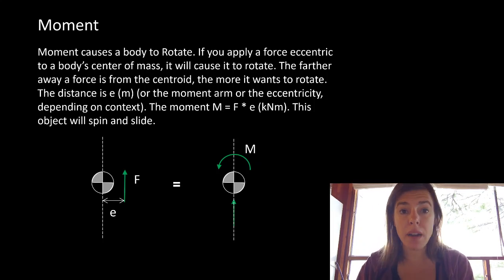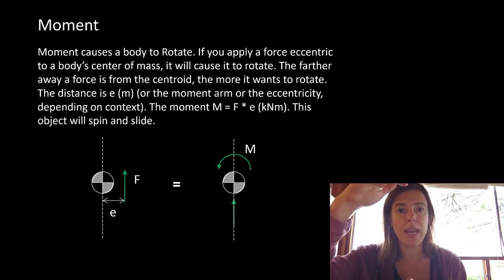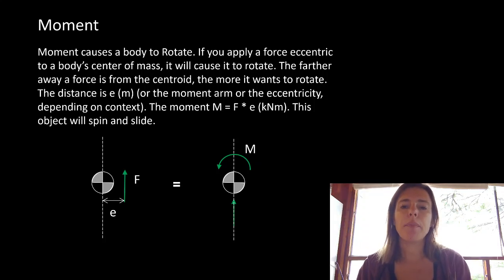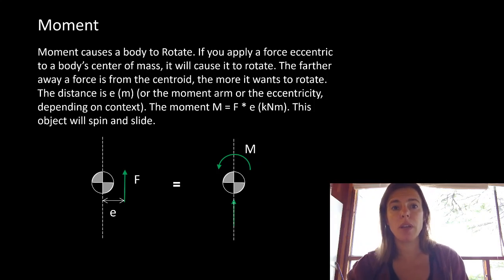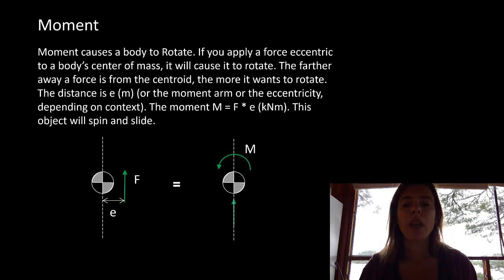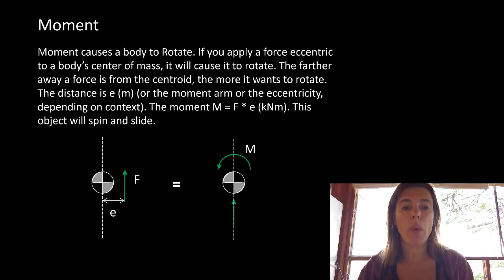So moment is another type of force, and it's what causes a body to rotate or spin. If you apply a force or a vector or a load eccentric from a body's center of mass, it will cause it to rotate. The farther the force is away from the center of the object, the more it wants to rotate.